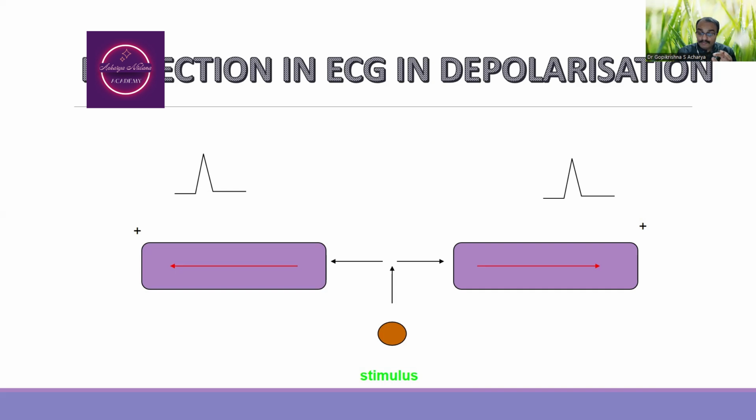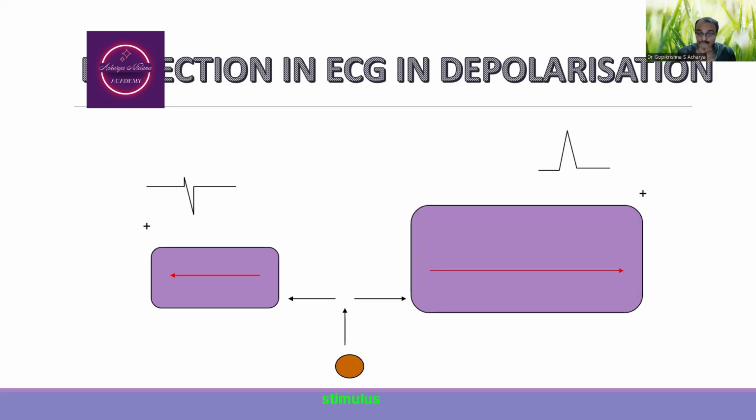Suppose there are two dissimilar myocardial cells, and you keep the electrode on either side of these cells. The one with the smaller myocardial cell first shows a prominent positive deflection, followed by a deep negative deflection.